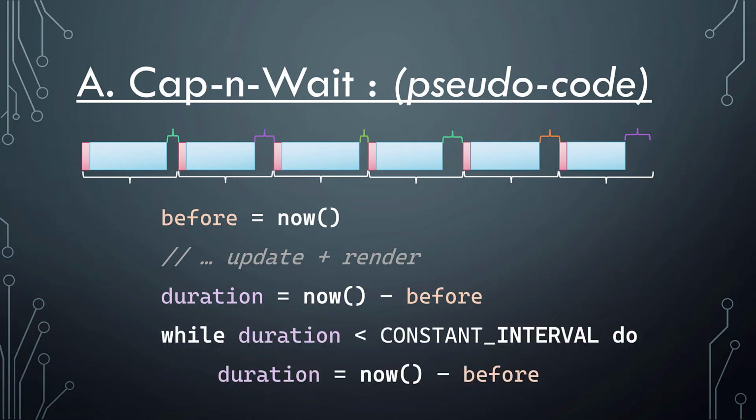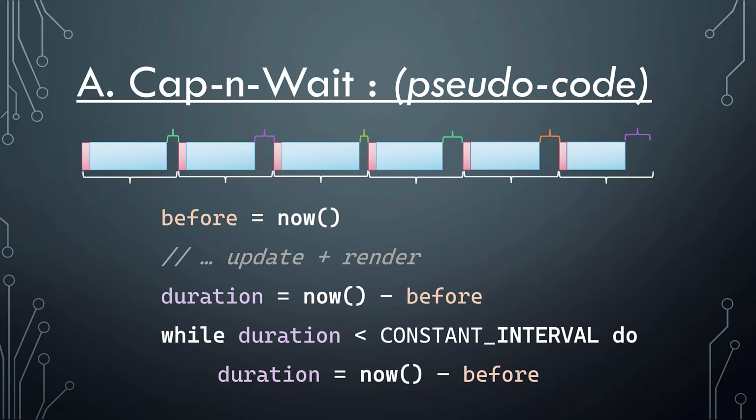An alternative way to waiting is to just burn cycles, and maybe more expensive, but it could also be a bit more precise and accurate. So what we do is just run a while loop.